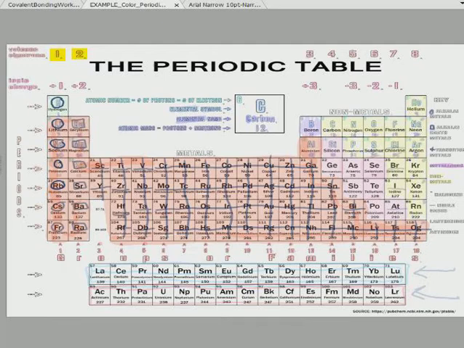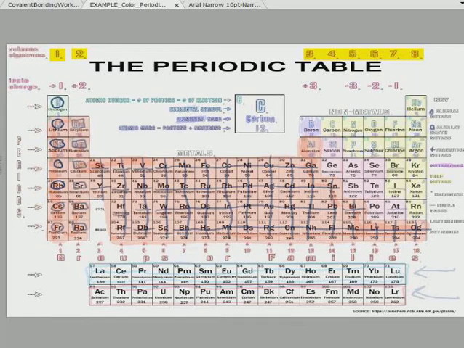Those groups are highlighted, and that would have valence electrons of 1 for group 1 and 2 for group 2. Three valence electrons would be for group 13, 4 valence electrons for group 14, 5 valence electrons for group 15, 6 valence electrons for group 16, 7 for group 17, all the way up to group 18.